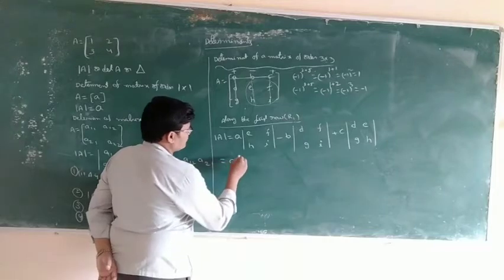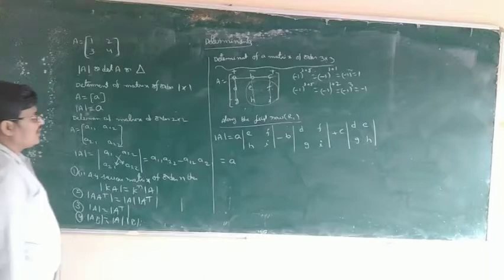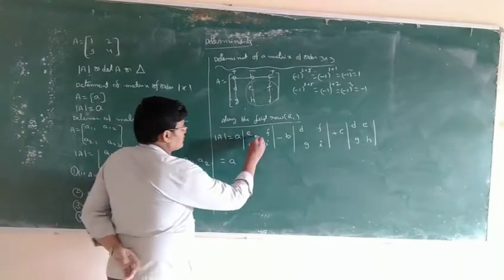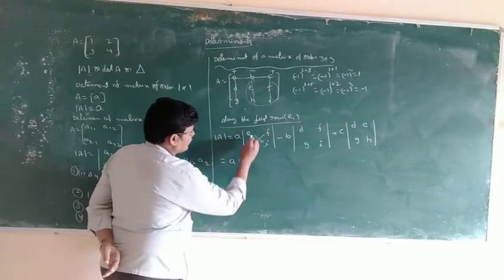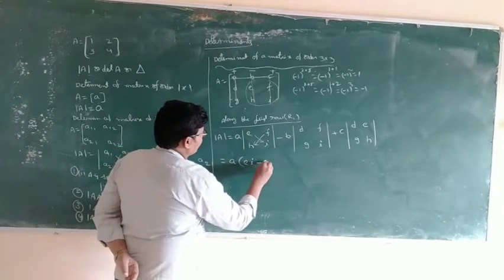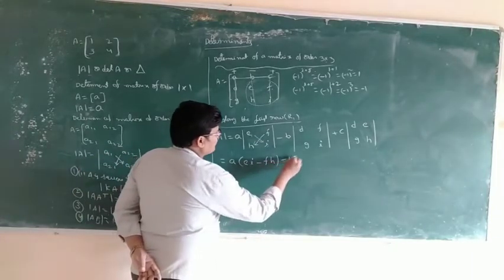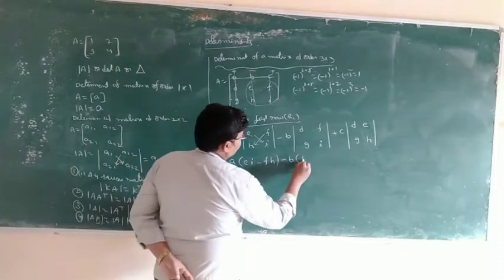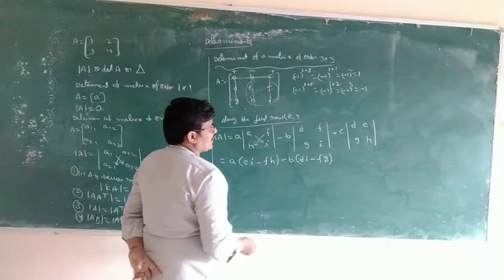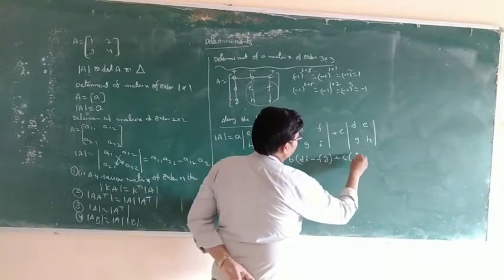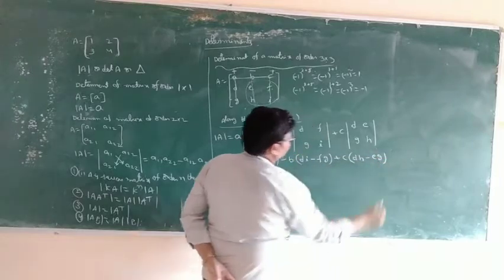How do we find the determinant of a 2 by 2 matrix? By cross multiplication. So A times (EI minus FH), minus B times (DI minus FG), plus C times (DH minus EG).